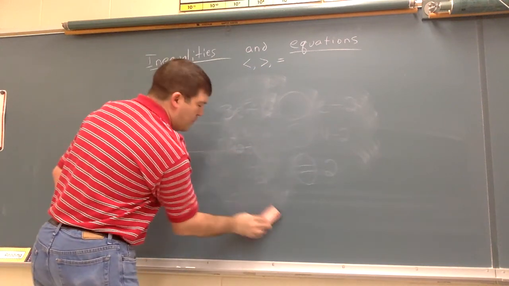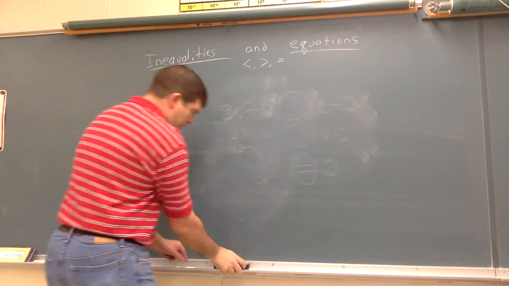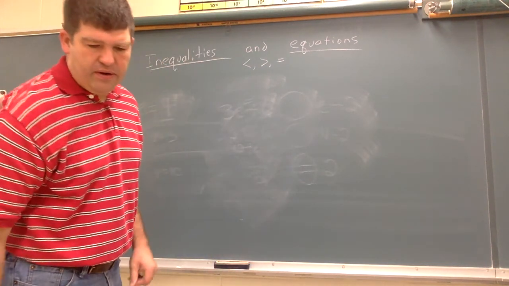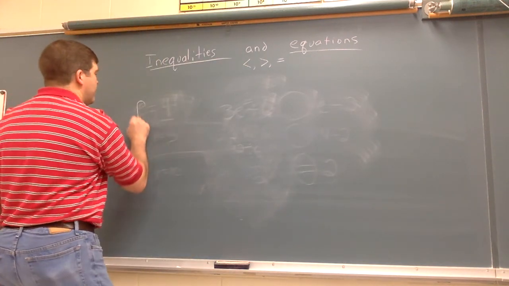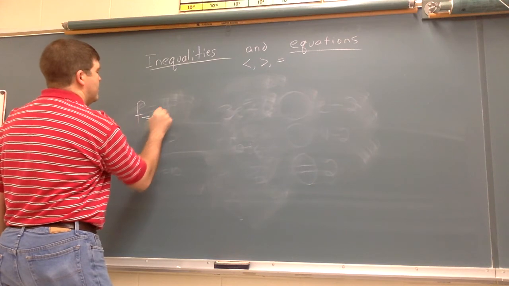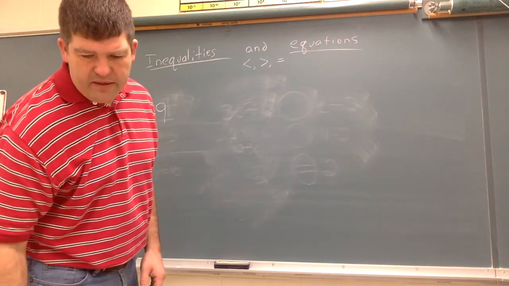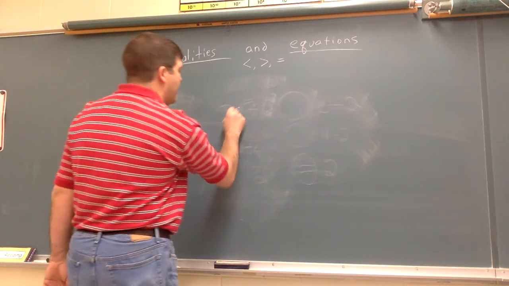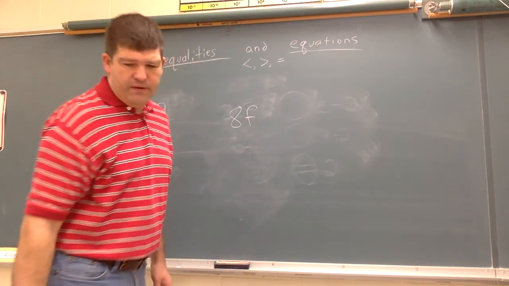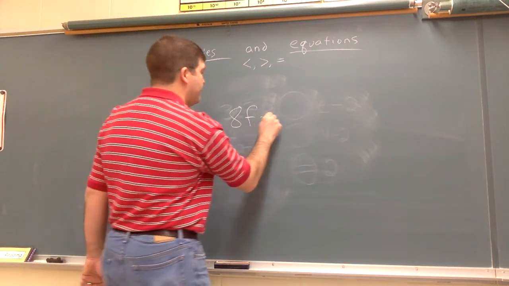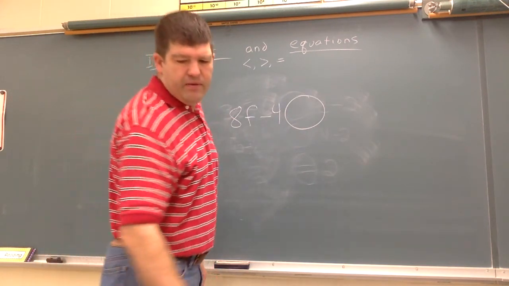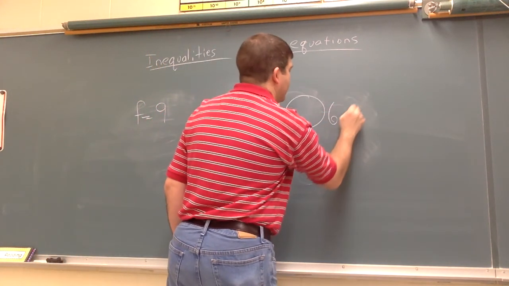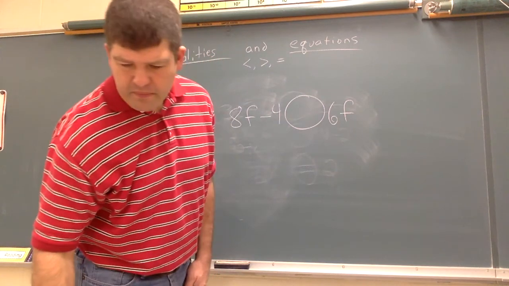All right, let's do one more of these. And then we're going to move into equations. And equations is where you solve for whatever your variable is. But let's do one more. Let's do f equals 9. If f equals 9 and we have 8f minus 4, and then we want to see how it fits in with 6f plus 10.